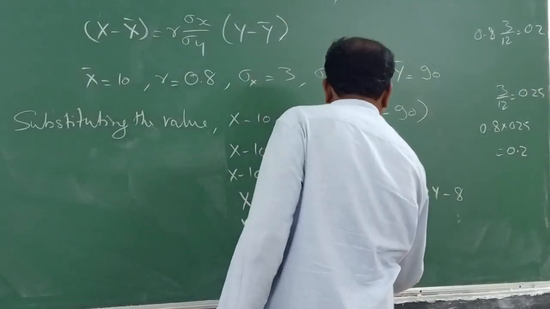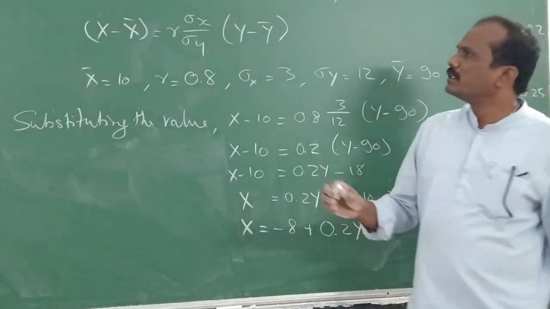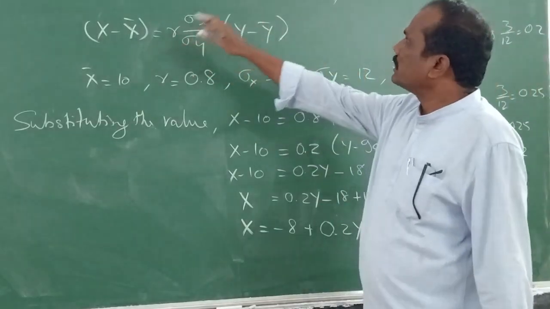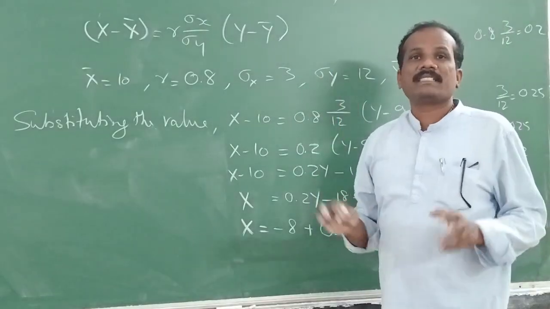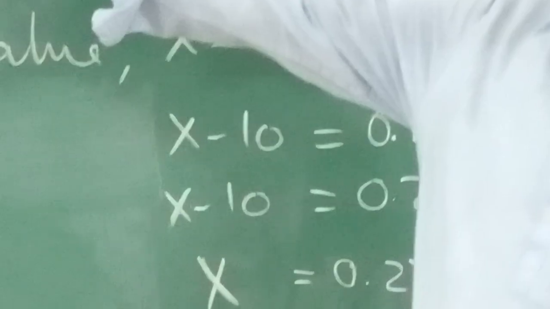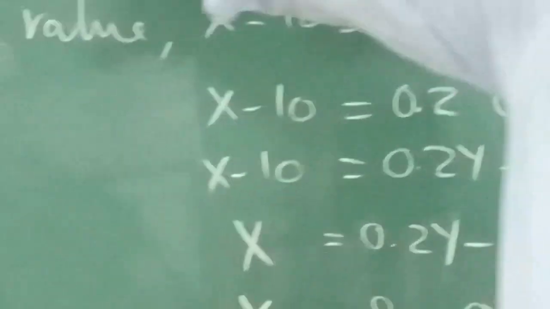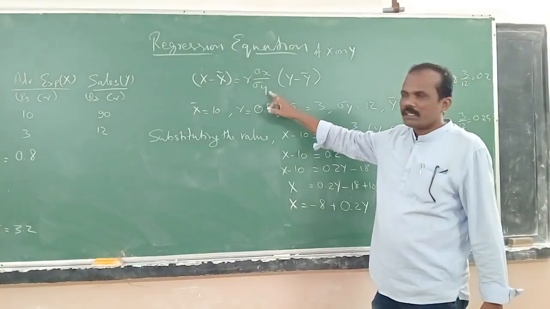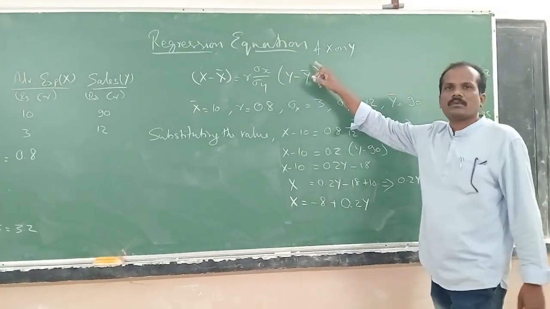Dear students, now I have written the regression equation of x on y. The equation is x minus x mean is equal to r times the standard deviation of x by the standard deviation of y, into y minus y mean.